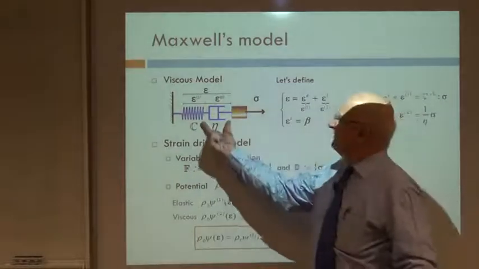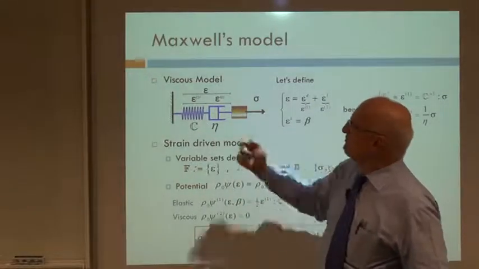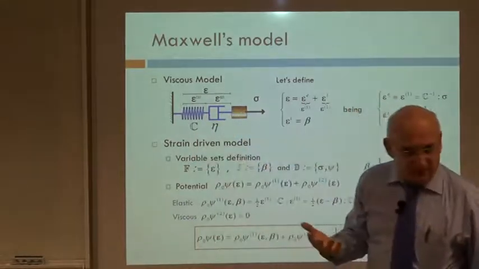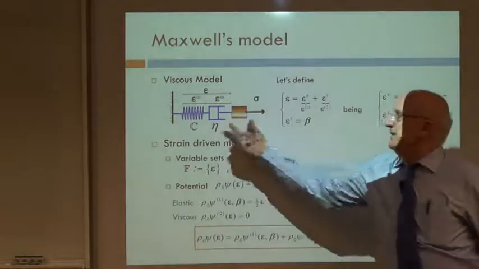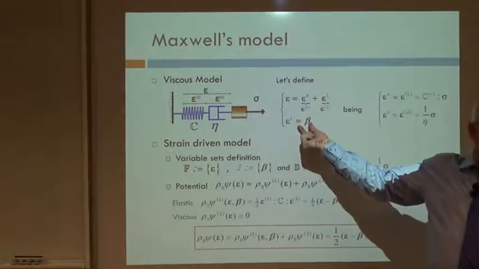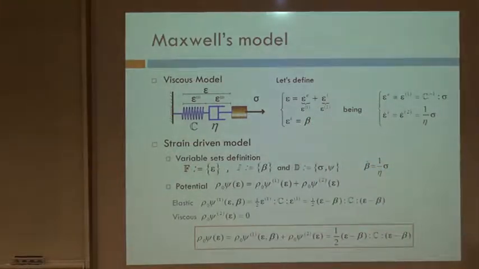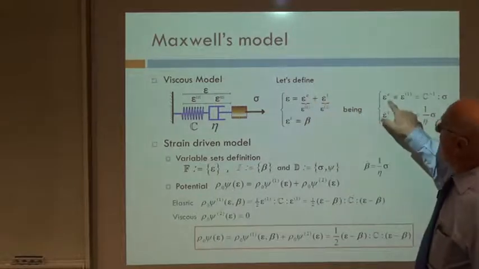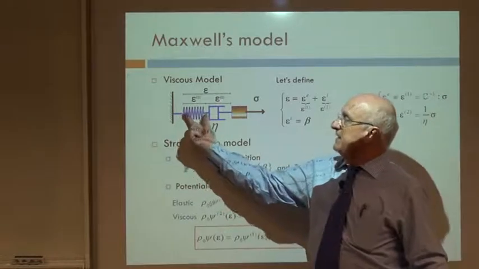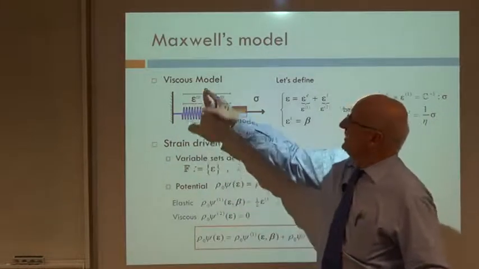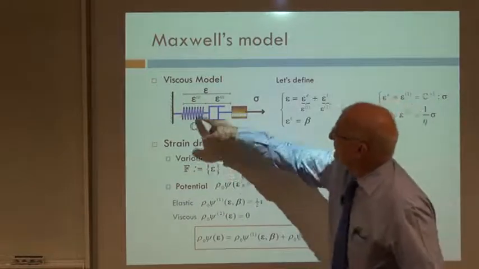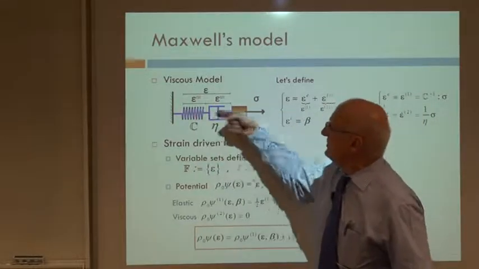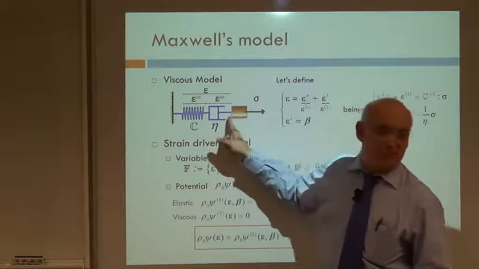Then again, whenever I have a viscous model, now that I've learned from the previous model that typically the strain associated to a dashpot is an internal variable, let's call this strain equal to beta, the internal variable. Okay, so again I have the physical interpretation of the elastic strain, that is the strain epsilon 1 in this model. So it's the inverse of C times the stress. Look at the stress: since they are arranged in serial, the stress is common to those models.